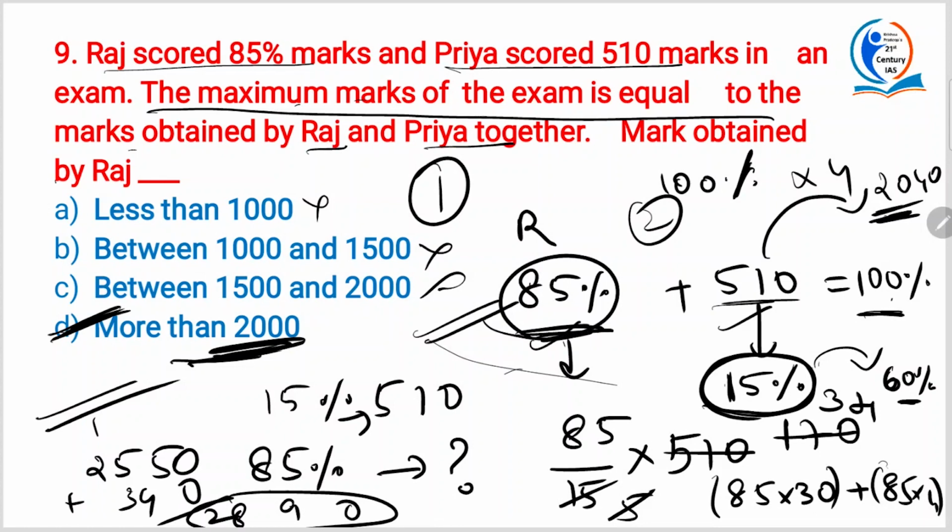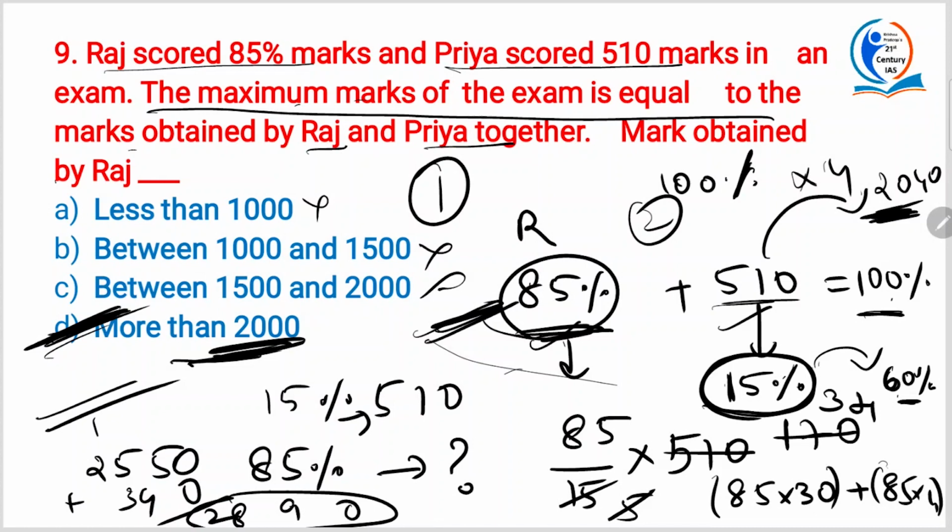This fellow got more than 60%. Now into 4, here itself it is crossing 2000. So obviously when 60% itself is more than 2000, 85% will, there is absolutely no doubt, be more than 2000 only. So without all this calculation, just by observation also you can mark this answer.